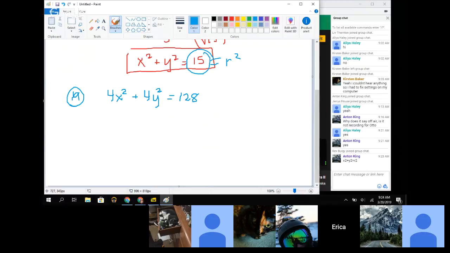So in order to get this equation looking like this equation, we need to divide everything by 4, right? So we get x squared plus y squared equals 32. 128 divided by 4 is 32. Then the radius squared will equal 32, or the radius equals the square root of 32. And if you want to, you could find out what that number is.